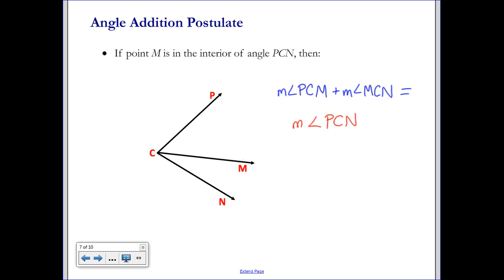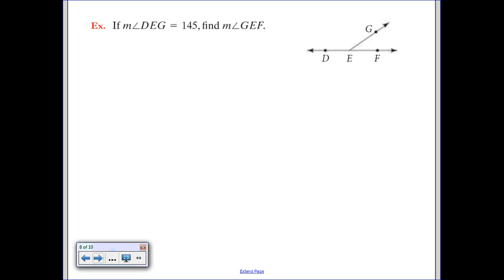Let's see that with some algebra applications. So here's a picture of basically a straight line along the bottom. That's angle DEF. Remember, if it looks like a straight line, it's a 180-degree angle. And it tells us that DEG is 145 degrees. I think it's helpful to label that on the picture. So there's 145. And it wants us to find GEF, which is the little angle over here.